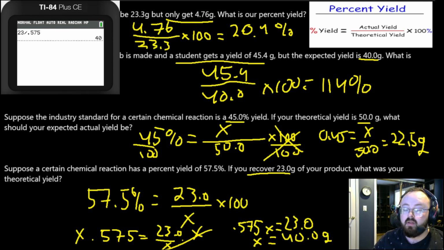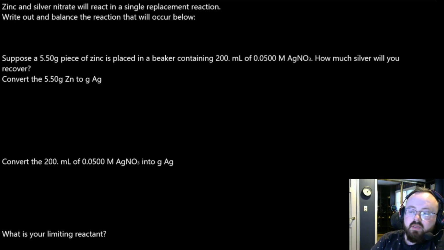Okay? So, let's move on to our final part of this very long video, which talks about word problems. Here we have a little bit more involved word problem, where you're not given a chemical reaction, and we have to use some of the skills that we have learned previously throughout our class in order to solve this.